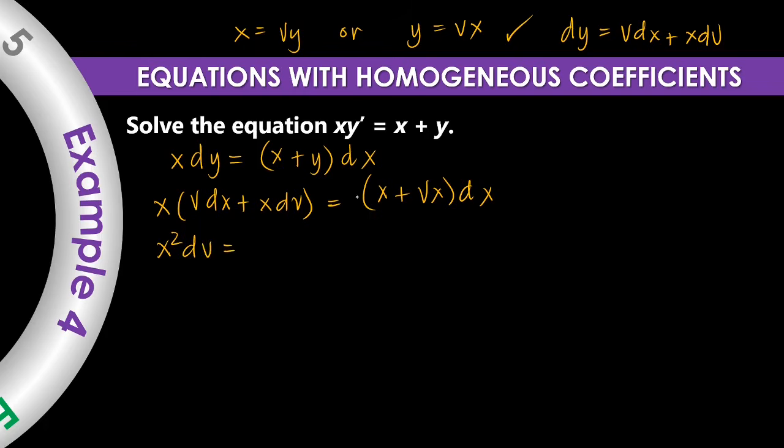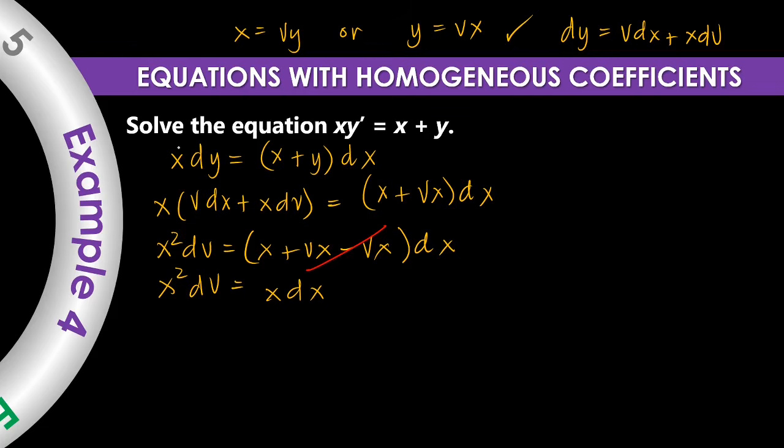That's equal to, here we have x plus vx, and then this term, x times v is negative vx, and then all of them will be multiplied by dx. Did you notice this? They will cancel. And what will be left is x squared dv equals x dx.